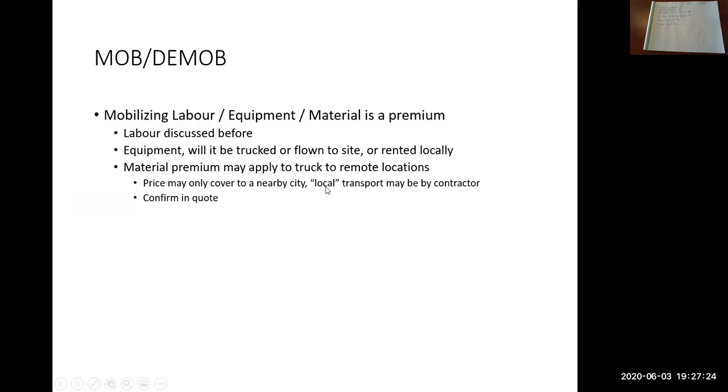Back many years ago, when I first started estimating, just as a side story, I worked for a company that had offices in BC and Alberta, and we did a lot of utilities. The Alberta branch got a good discount on pipe from the Alberta suppliers.